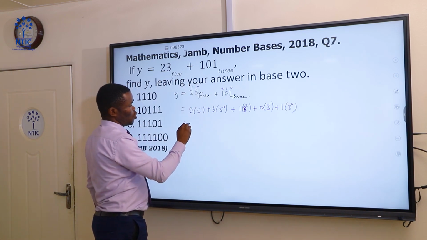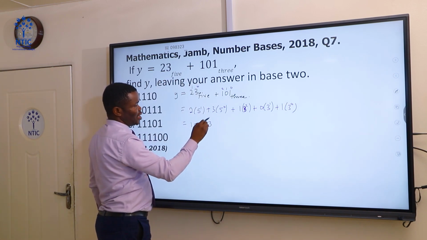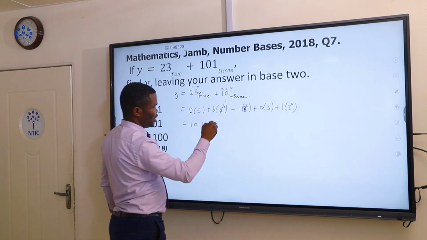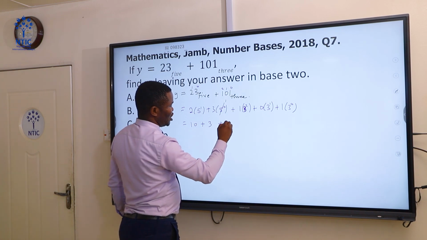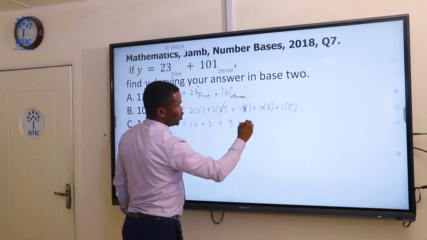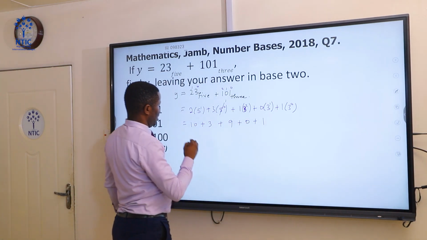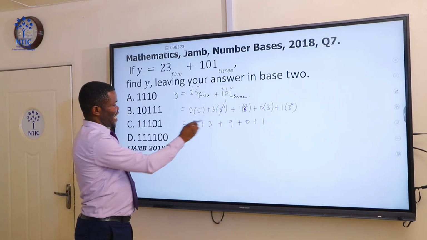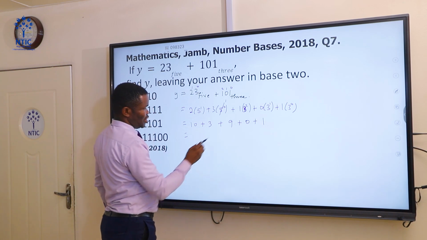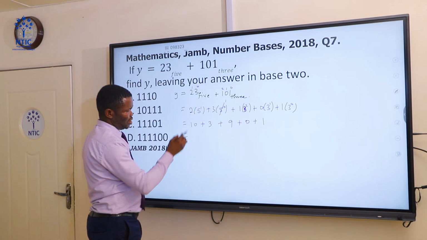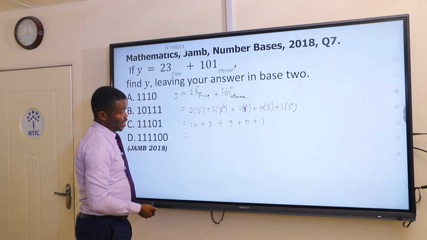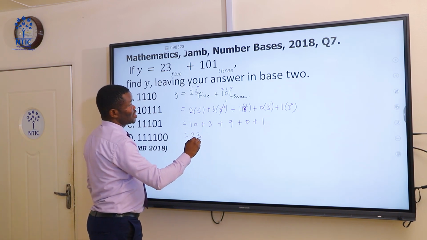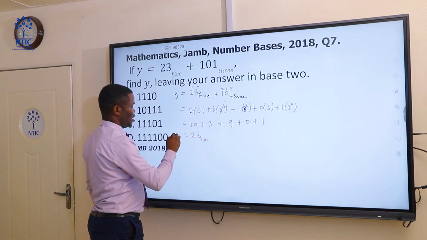So this is going to be equal to 10 plus 3, because 5 raised to the power 0 is 1, plus 9 plus 0 plus 1. And this is going to give us 13 plus 10. 9 plus 1 is 10. 10 plus 3 is 13. 13 plus 10 is 23. So this is now in base 10.